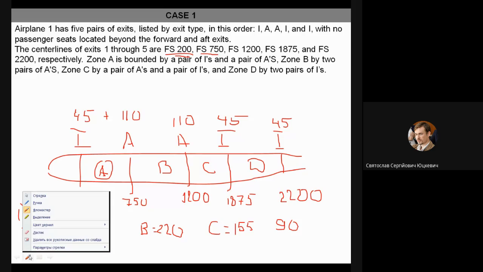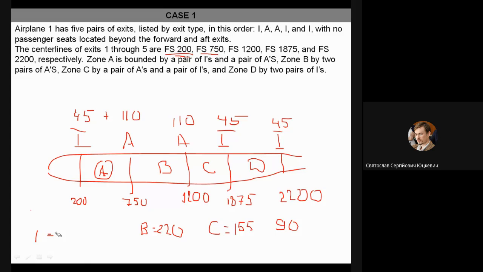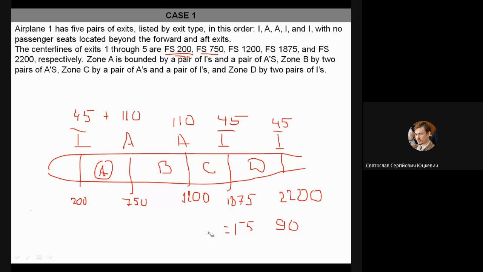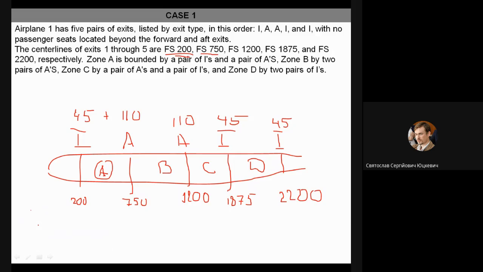So next step, it's the secondary zone passenger capacity from nose to tail.